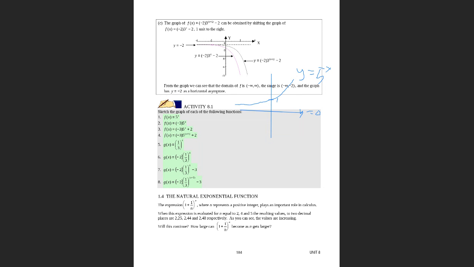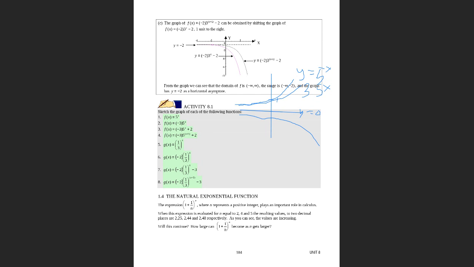So now, if they ask you to sketch negative 3 times 5 exponent x, you have to note that first of all, the graph will expand a little bit like this, and that is 3 times 5 exponent x. And when you negate it, the graph will now reflect on the x-axis.